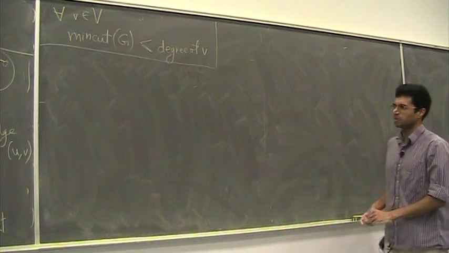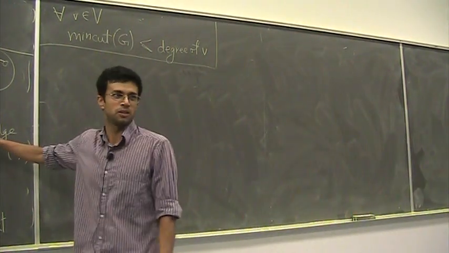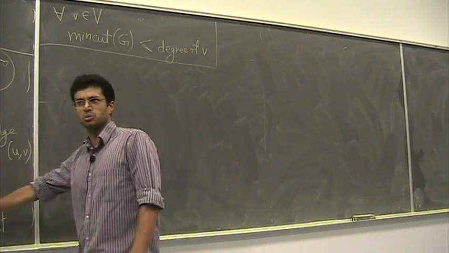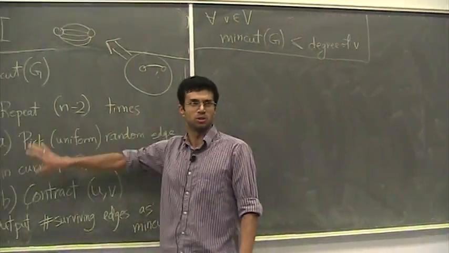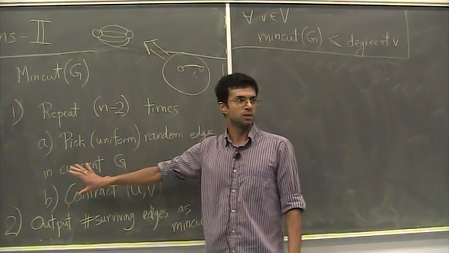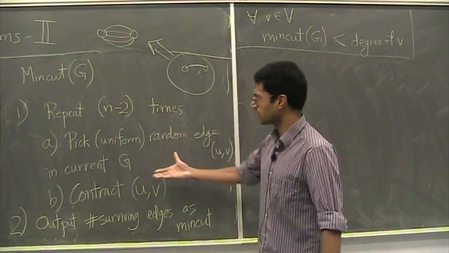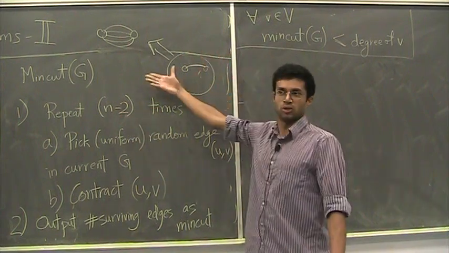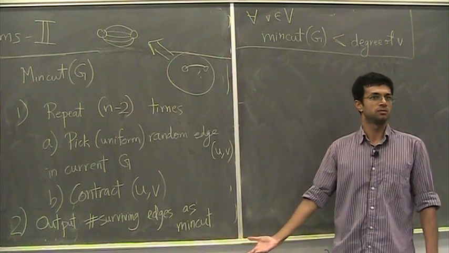For now, I want you to ignore the technical details of how you would pick a random edge and how you would do the contraction. Assume that there's some data structure that can do that, because we can go back and analyze how long that takes. I just want you to think about the probability that this process is actually going to produce the Mincut.